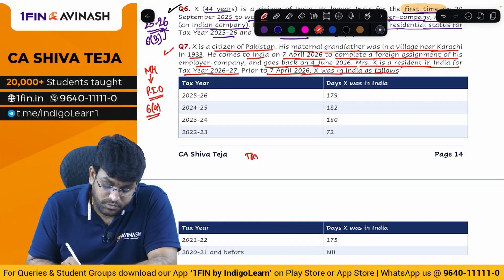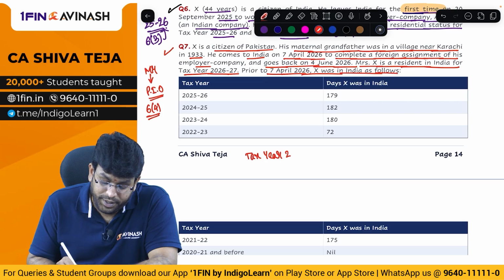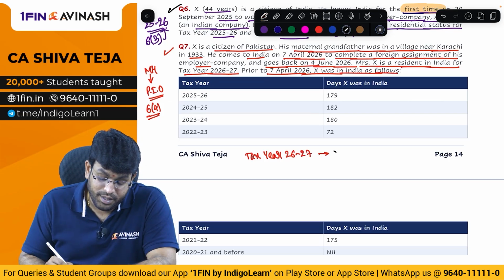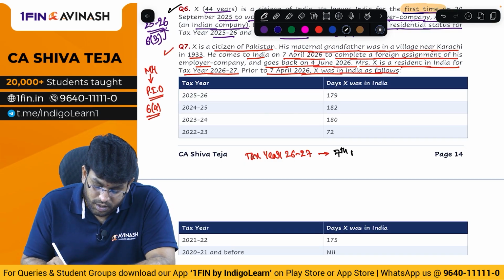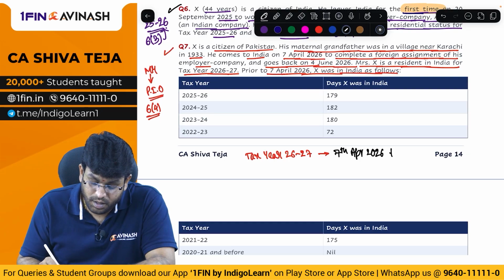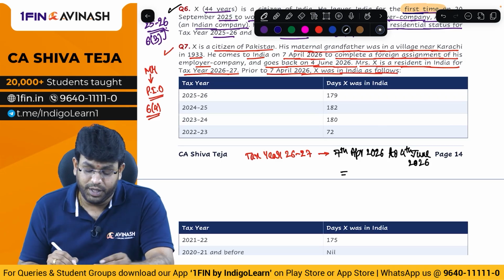Sir, during tax year 26-27, what has happened here? Please see here. He has come to India on 7th April 2026 to 4th June 2026.